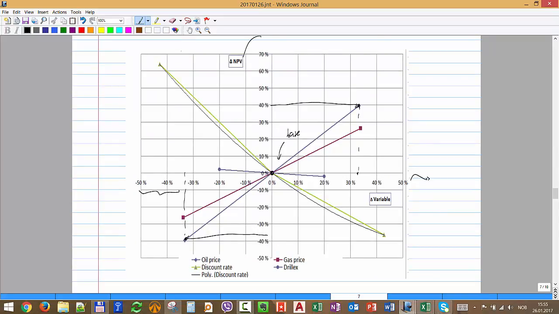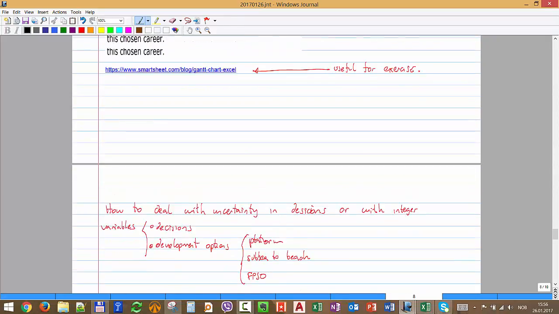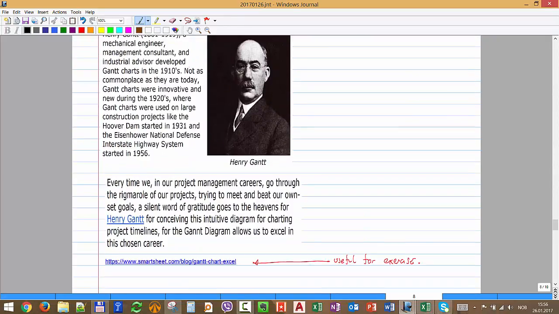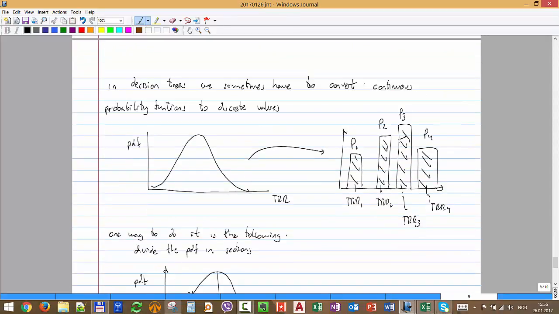That's extremely important. Gantt charts you can read later when you need them for the exercise. And decision trees to include integer variables and when we have to make a decision. For that case, sometimes we have to discretize continuous variables and put them in the decision tree. Any question? No? Okay.